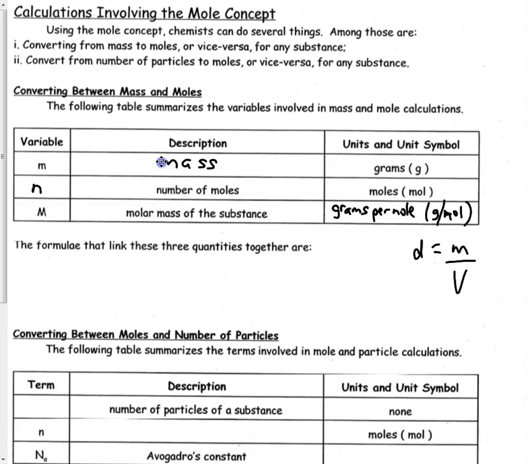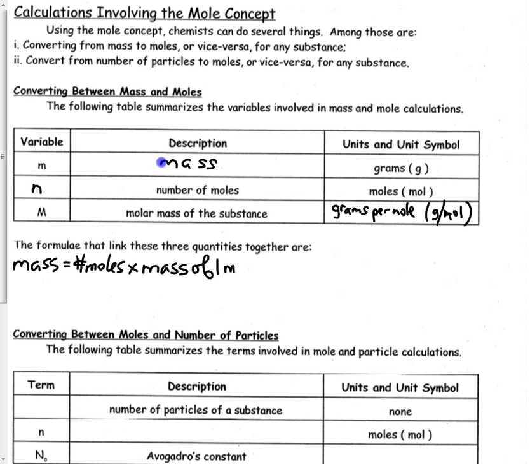So the formula that links these three quantities together. Before we write the formula, let's first try to work out what the words are. If we wanted to calculate a mass, that's probably the easiest one. If we wanted to know a mass, we would need to know how many units we have of our substance, that's how many moles, how many multiples, or maybe a fraction of a mole, and then how heavy it is.